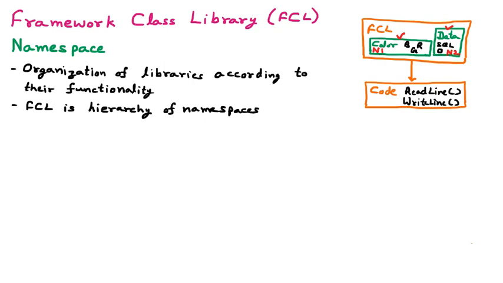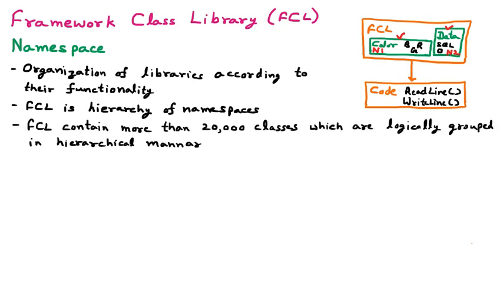Or we can say that FCL contains more than 20,000 classes which are logically grouped in a hierarchical manner. These 20,000 classes are then divided. Let's say out of 20,000, 1,000 are for color, then they are combined together and given the name color namespace.